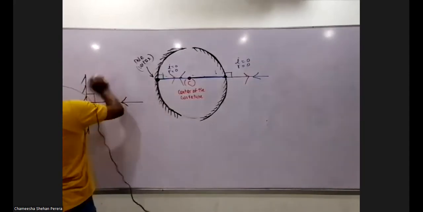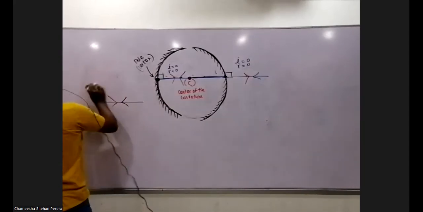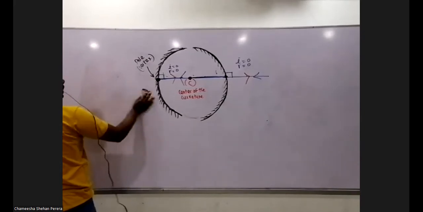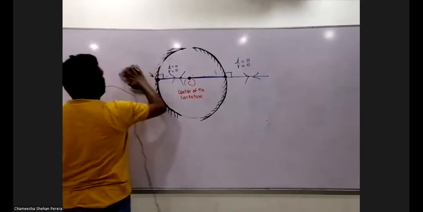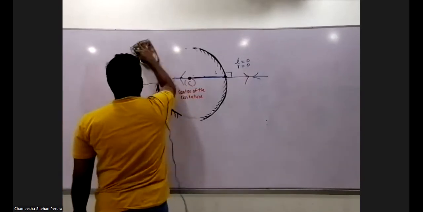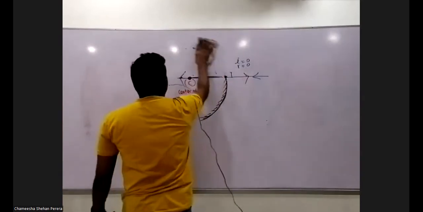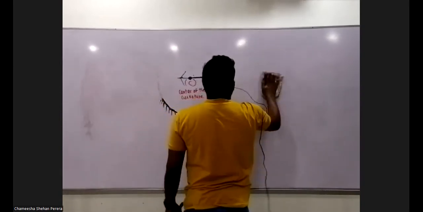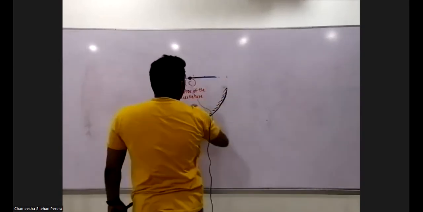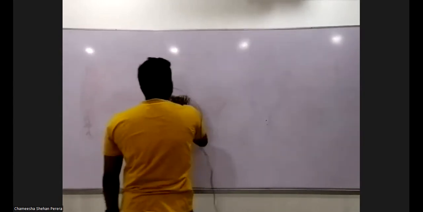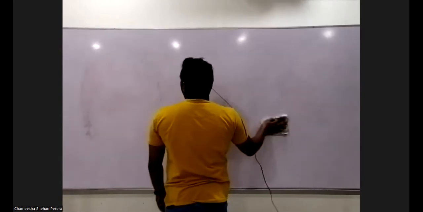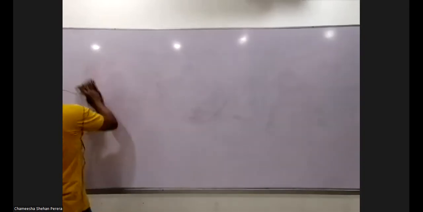Right. So then, we have to see how the reflection would be done by concave and convex mirror surfaces. So when we are drawing that ray diagram, we have to follow all the rules and the laws that we have learned so far. Okay, right?